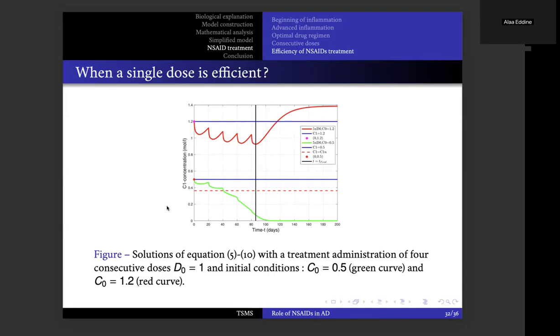Yes, yes. So I will do the comparison between two cases, and I will do the same treatment. I have two initial conditions: a low stage of inflammation, at the beginning of the disease, or an advanced stage. I will do the same process. I will do 5 times the same doses. What will happen?